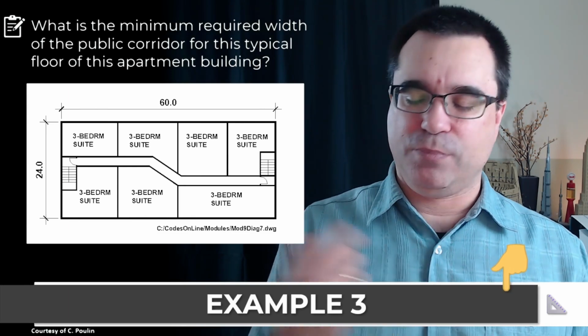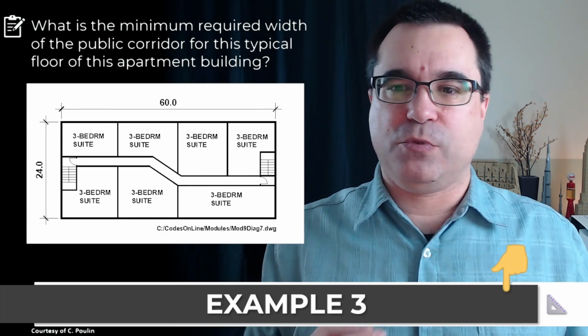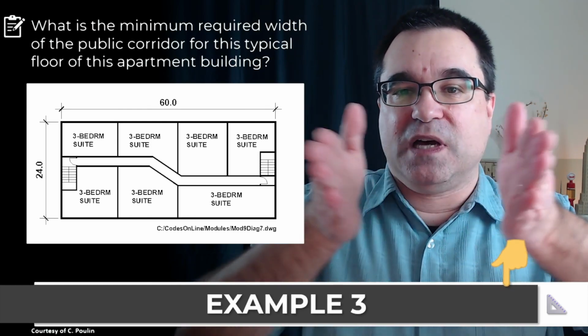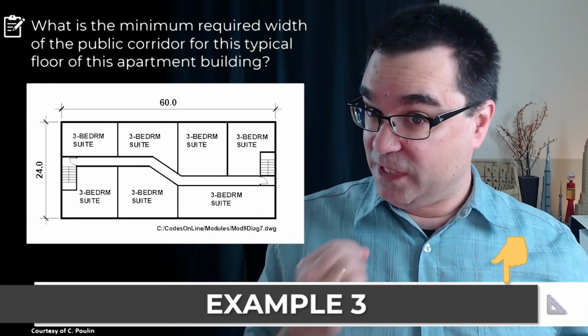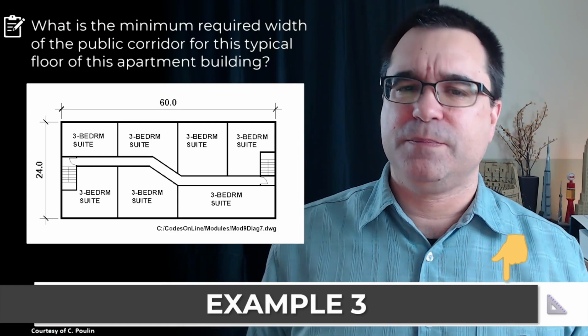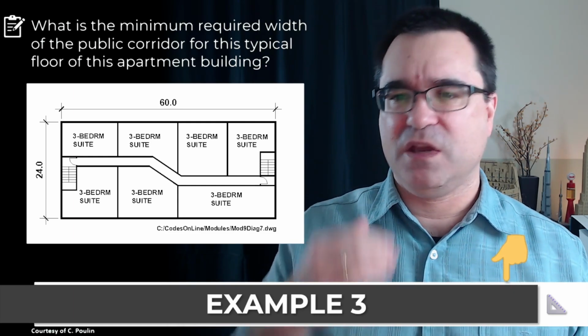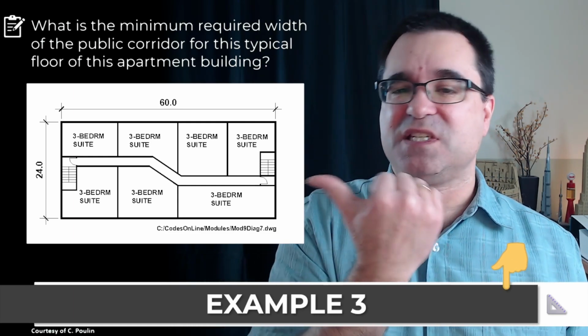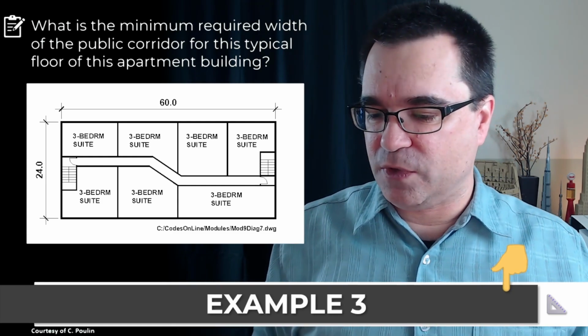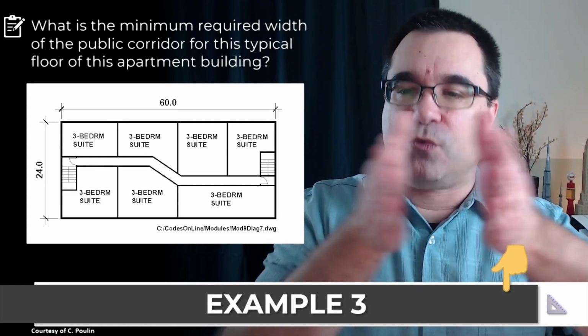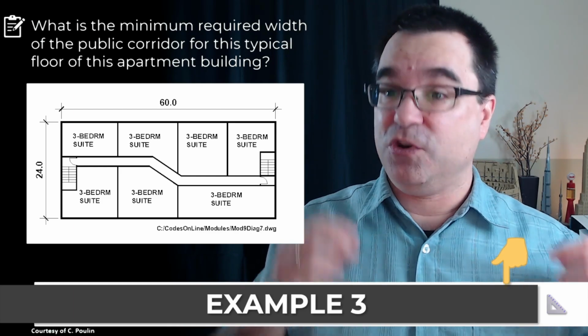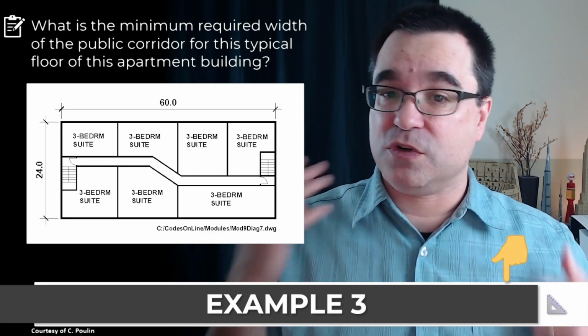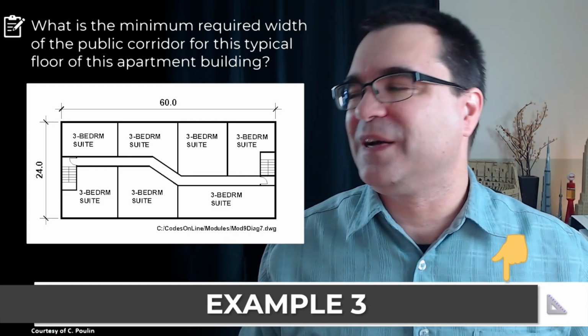Basically, these are three different examples of determining the minimum width of a public corridor for different types of major occupancies. This is the same process that would be used also for figuring out the minimum width of ramps, non-exit stairs, doors and the like. You'll get more of that practice in your homework, so you've got this.